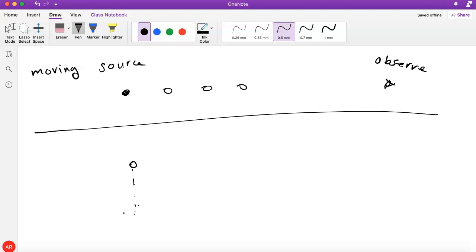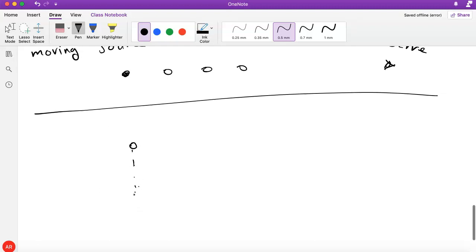So as far as that first wave front is concerned, it originated from the initial position of the source. So it's going to be somewhere over here. However, at the same time, the source has moved, so the source is no longer there. The source is maybe somewhere over here. It's moved forward a little bit. Okay?